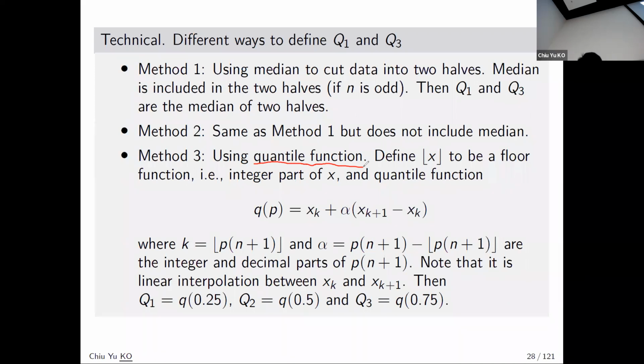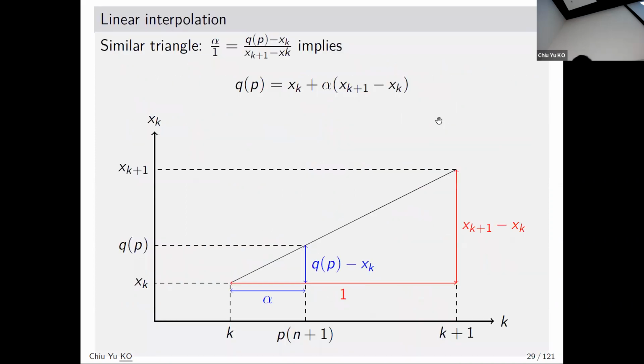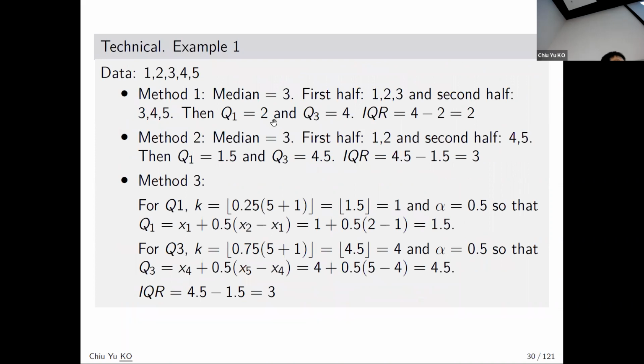Suppose the number is in this example. Okay, look at the example. Forget about this formula first, and we'll justify this later. Look at this data set. We have 5 observations, right?